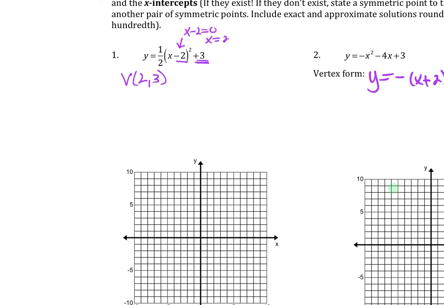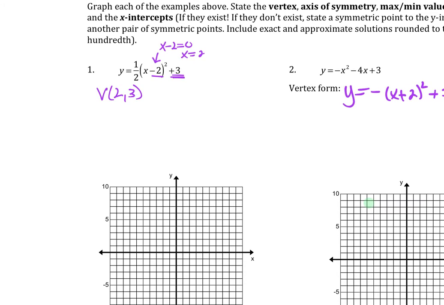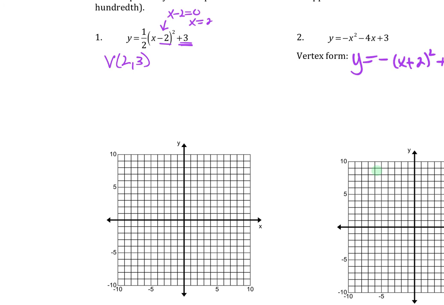So there's my vertex. I'm going to plot that, 2, 3. And our axis of symmetry is a vertical line, x equals the h value. So it's going to pass through my vertex there.